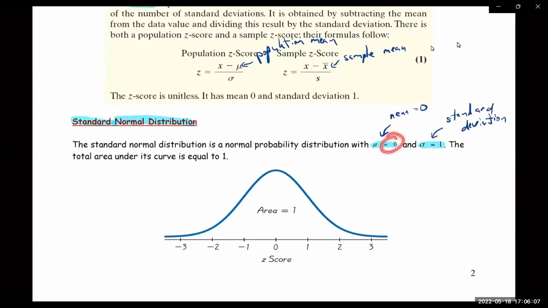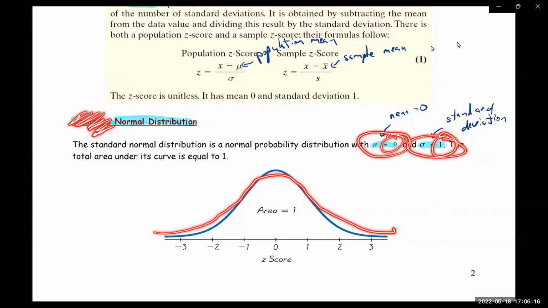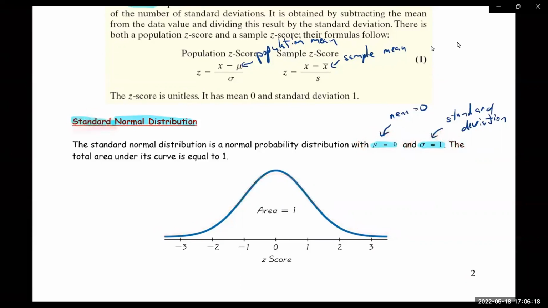If it wasn't 0 and it wasn't 1, but it was still bell-shaped, then it would just be a normal distribution. So that's the only difference between a normal distribution and a standard normal distribution. The normal distribution has a mean that doesn't have to be 0 and a standard deviation that doesn't have to be 1. But a standard normal distribution has to have mean 0, standard deviation 1.